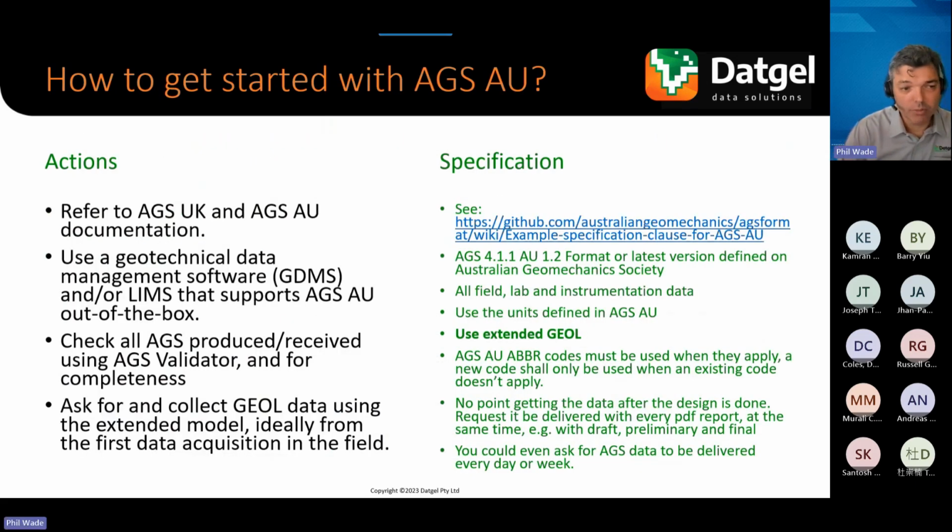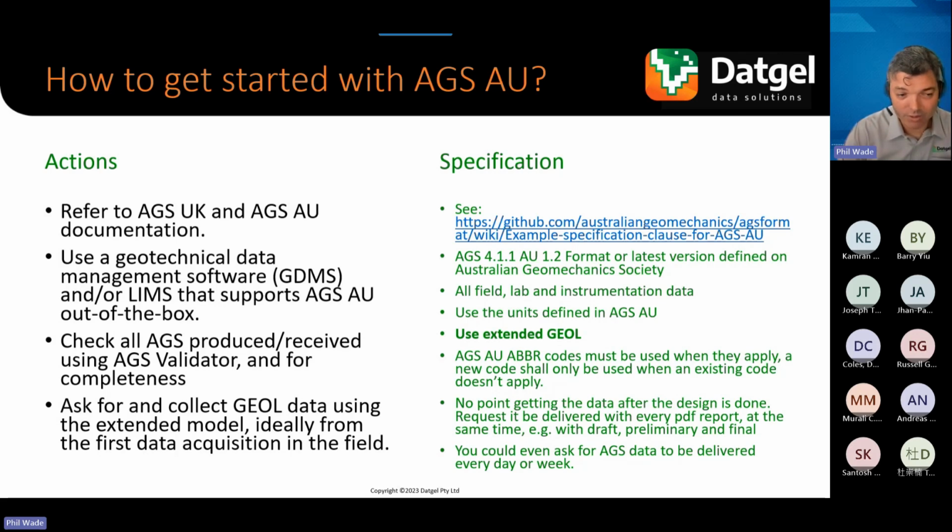So what should you be doing if you want to get into AGS format? This describes more about AGS Australia format, but it's generally the same. You should refer to the AGS UK website and the Australian website. You should download the documents. You should best use off-the-shelf software that is designed to do this.